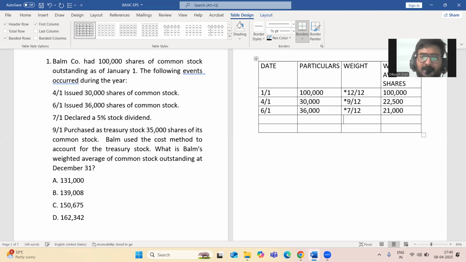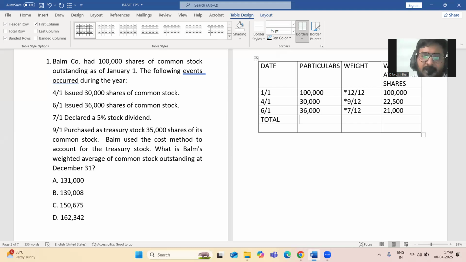Now next, what I see is a stock dividend. I told you yesterday, or in the previous session, that whenever there is a stock dividend, you just total the weighted average shares before it and then give the effect. So I can total it. Total number of shares outstanding will be 1 lakh plus 30 plus 36.